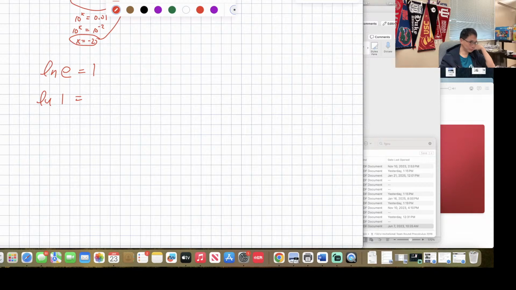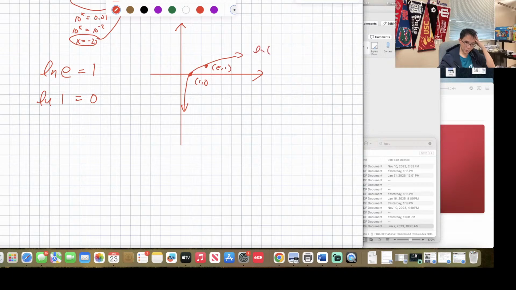No. 0. Okay. So that means there's a graph of natural log you're supposed to memorize, and it's going to help you later. So it's going to be like this. At 1, it's going to give you 0. And over here, it's going to go to negative infinity. At e it's going to give you 1, so at e here is the point (e, 1).